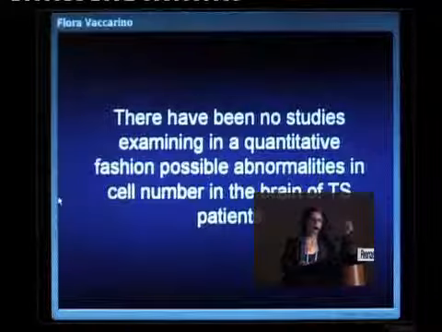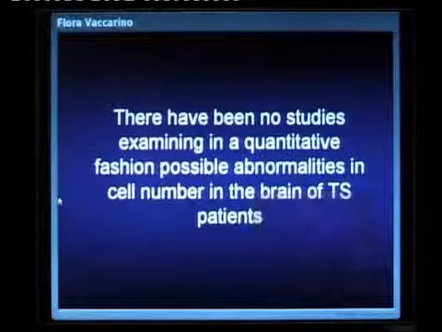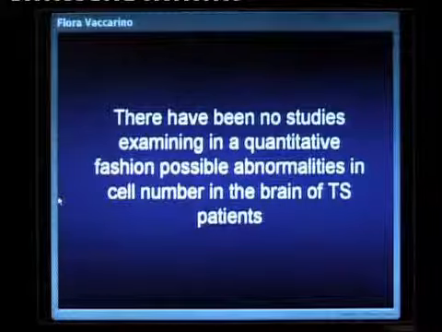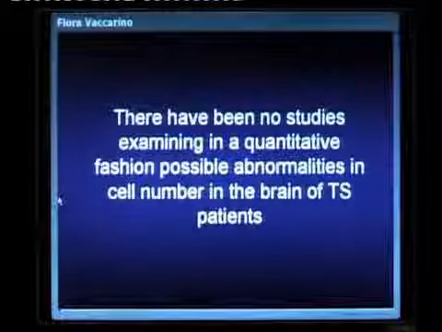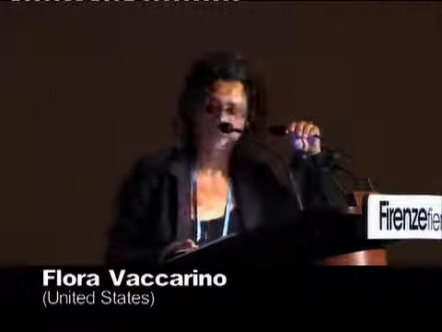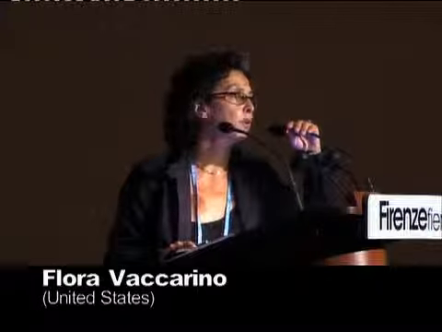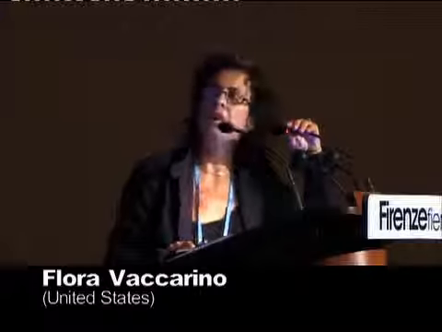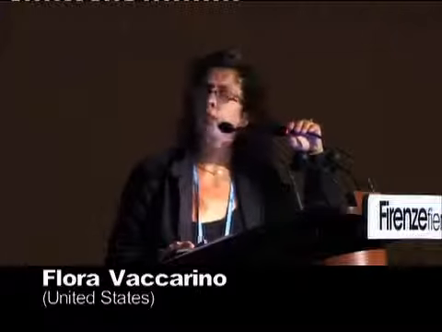Until a few years ago, there were no studies examining in a quantitative fashion the possible abnormalities in the cells that are present in the basal ganglia. So we asked these questions, and we worked with the Tourette Syndrome Association, which is organizing a brain bank for patients with Tourette's, and we obtained some postmortem human brains of Tourette's patients that had died and had donated their brains, and compared them with control brains.